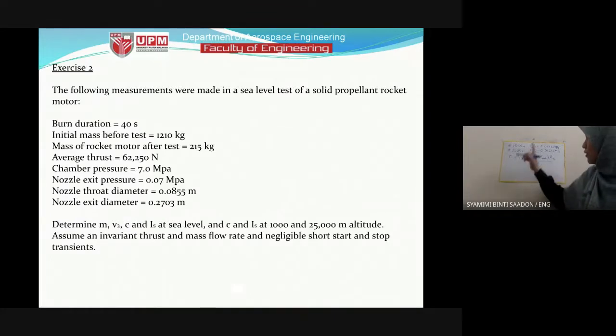Okay, so at 1,000 meter, V2 just now was 2,572, the average exhaust velocity. So P exit is the same, 0.07 megapascal, minus the ambient, 0.0898.